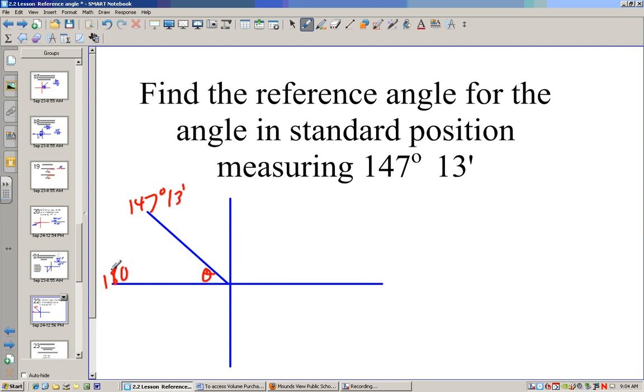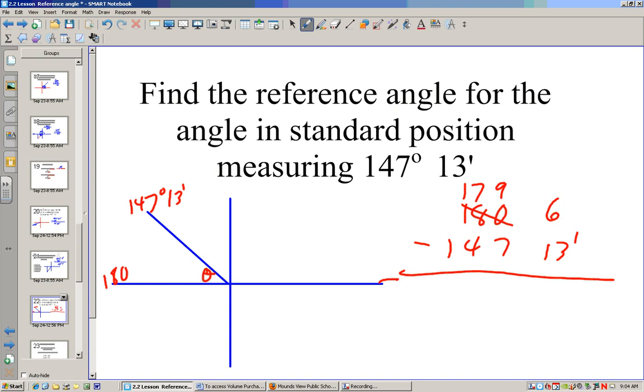Well, what we have to do is take 180 minus 147.13. Now this gets a little tricky because when we're subtracting, we don't have any minutes here. So what we need to do is borrow a degree from 180, which equals 60 minutes. So now 60 minus 13 is 47.